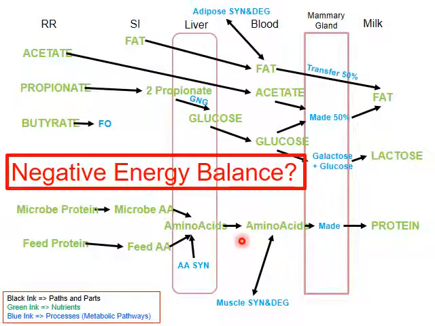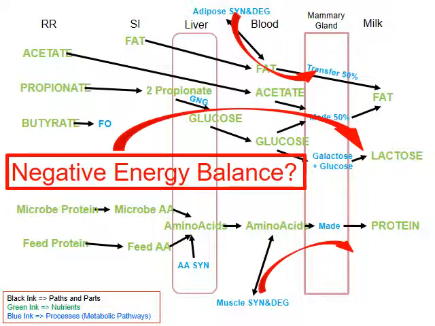In negative energy balance, where are the components of milk going to come from? So you're going to have the diet in negative energy balance contributing toward milk. You're also going to have the fat tissue contributing toward milk and the muscle contributing toward milk. So you're going to have a greater efficiency of milk production because you're adding these two nutrient streams that are not accounted for by intake.